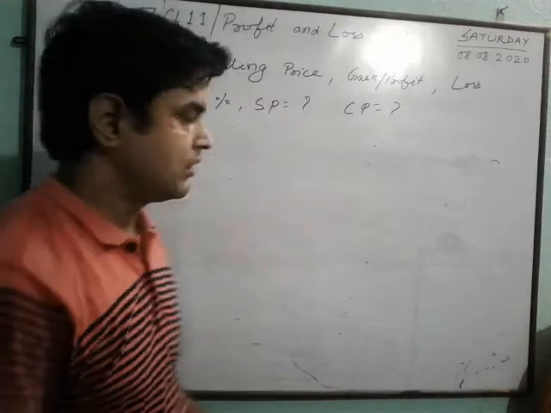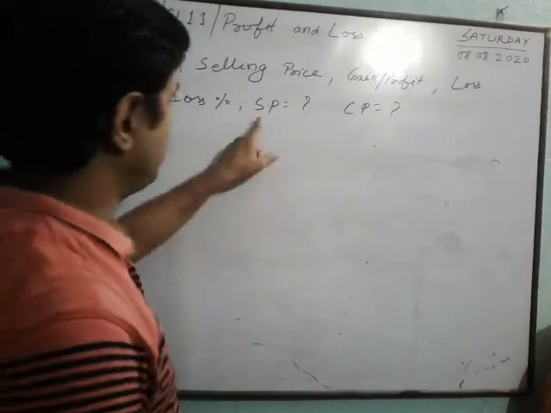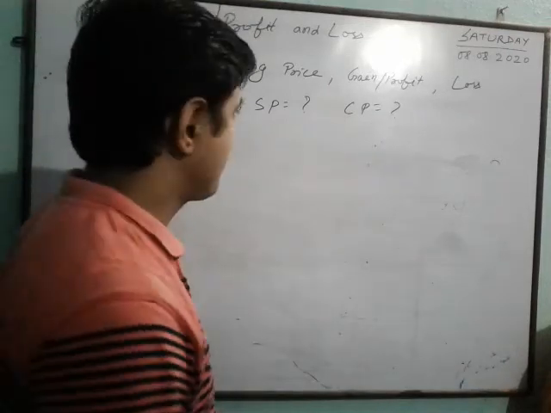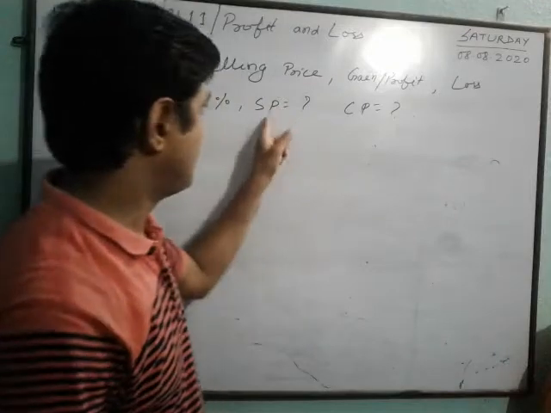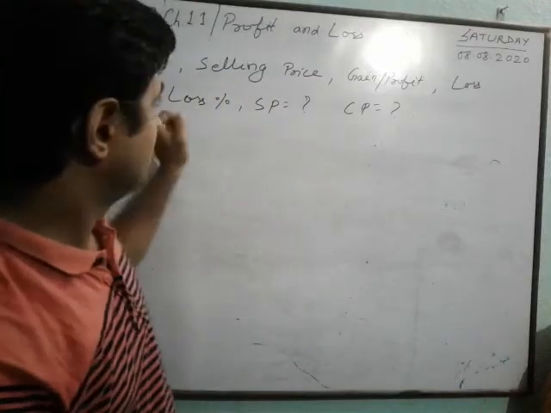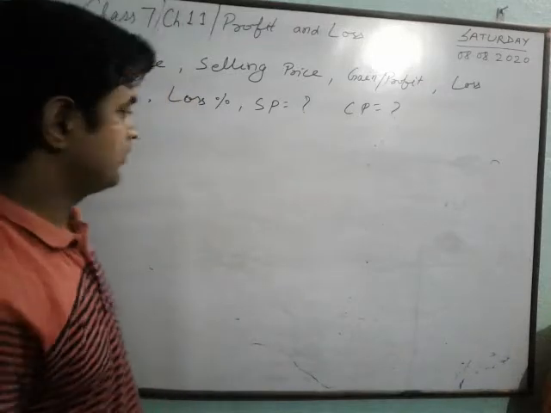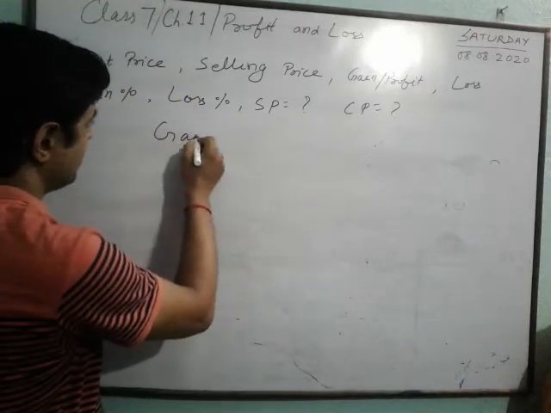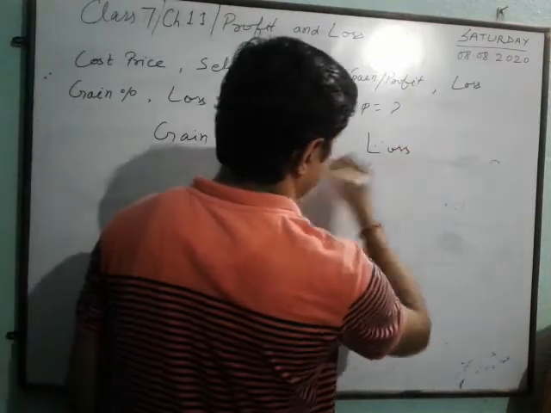And now we will see the formula to find SP and CP. There will be different formula for SP in case of gain percent and in case of loss percent.